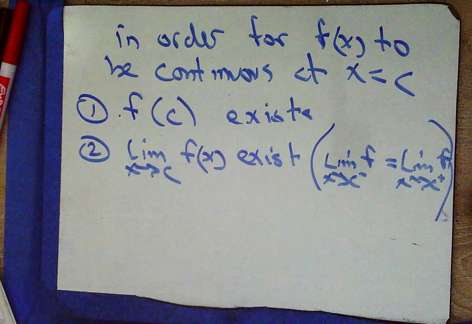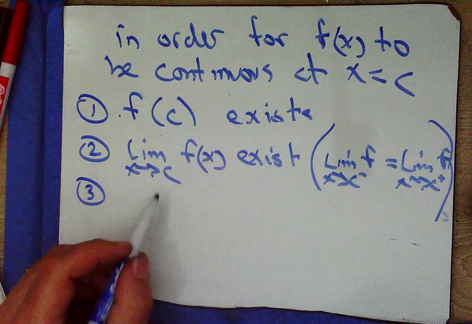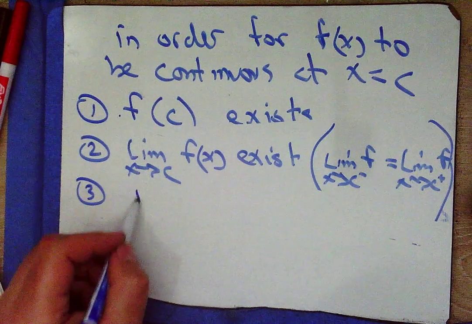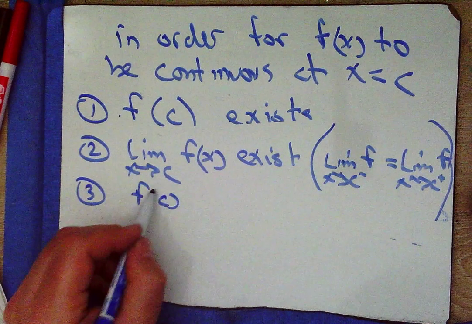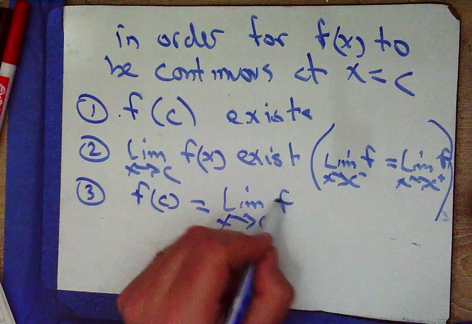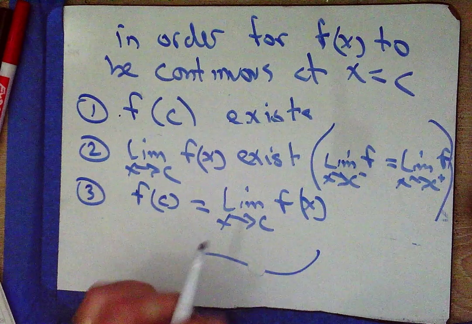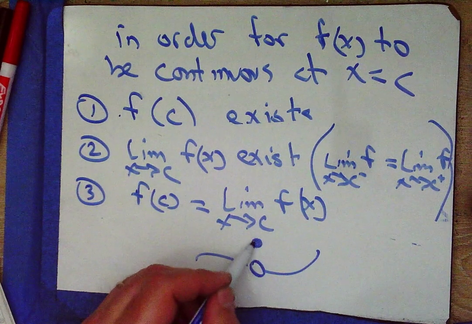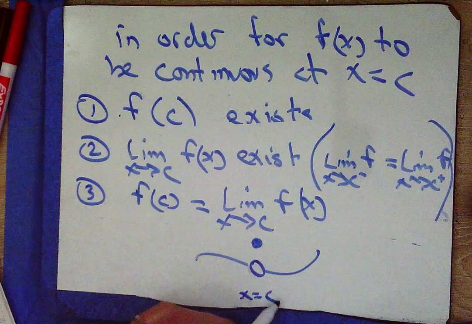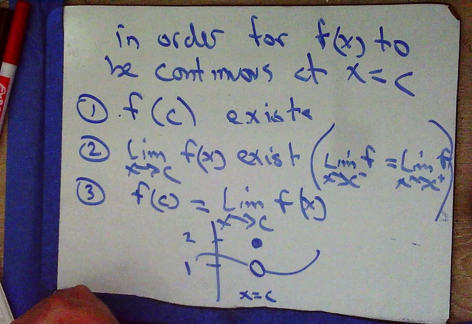Now, there's a third one, and this is what we wrote down as the definition. We said, great, these both exist, but f of c has to equal the value of the limit as x approaches c of f of x. So let's take this situation. Here's x equals c. That's 2, and that's 1.